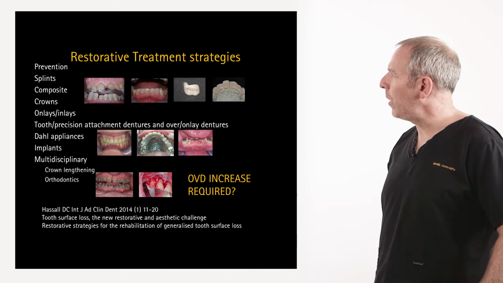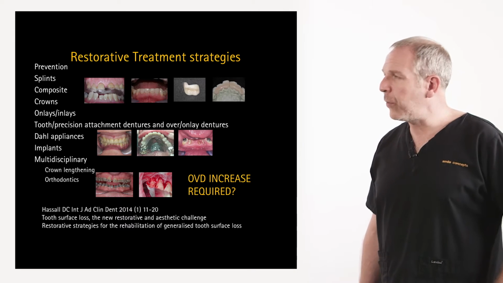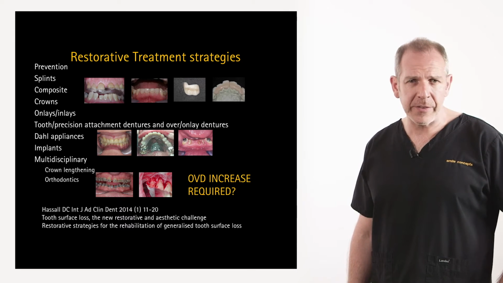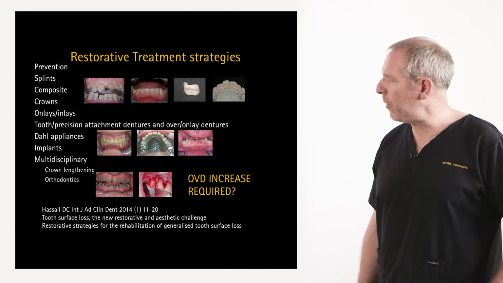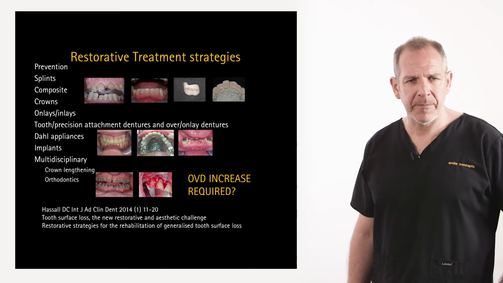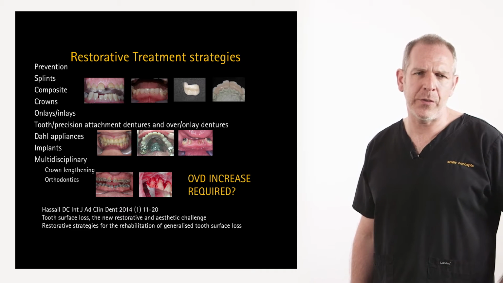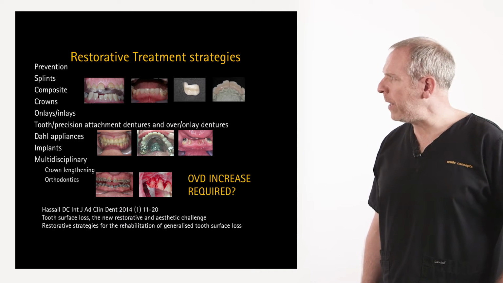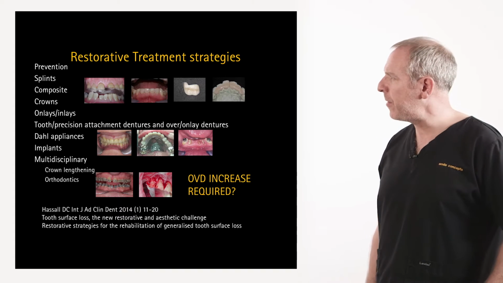Then moving into more interventional treatments. Splints can be useful, so we will cover splints briefly today. And then we have a whole range of materials, composites, crowns or onlays. And this will very much vary depending on the degree of the tooth surface loss. The more minimal, the more composite is indicated.